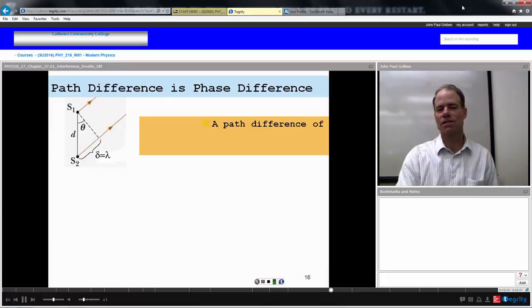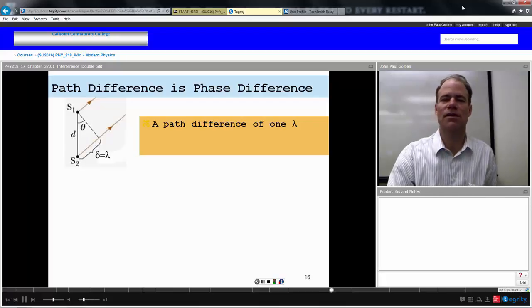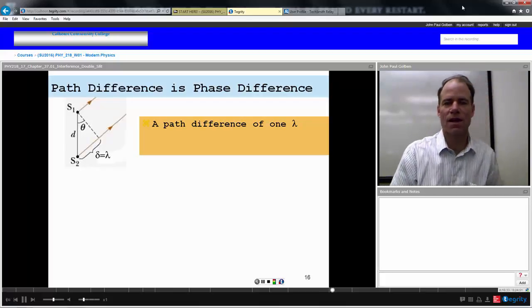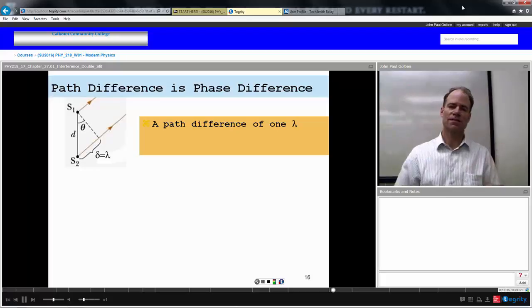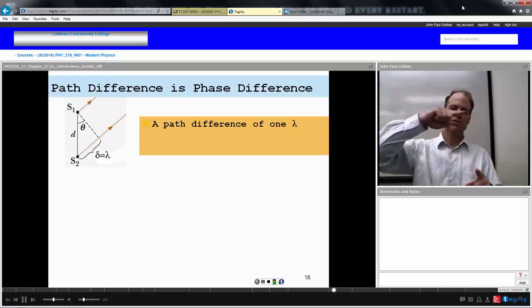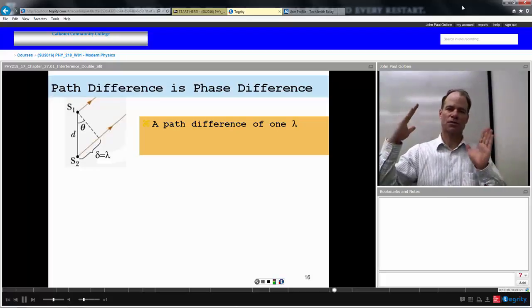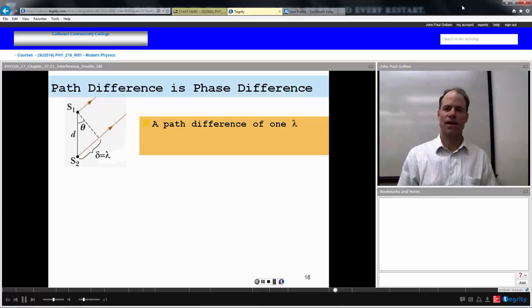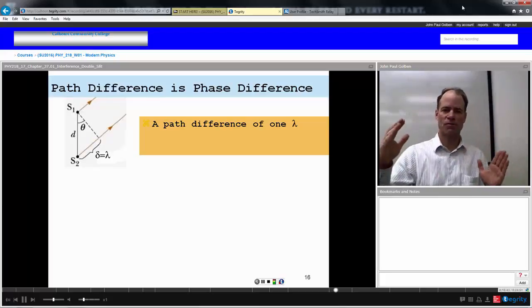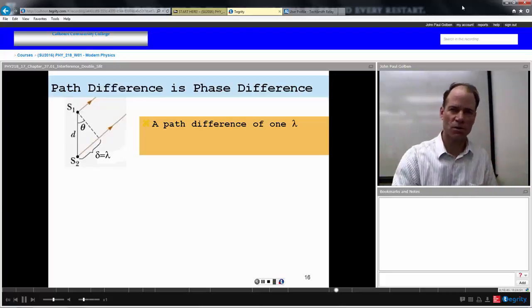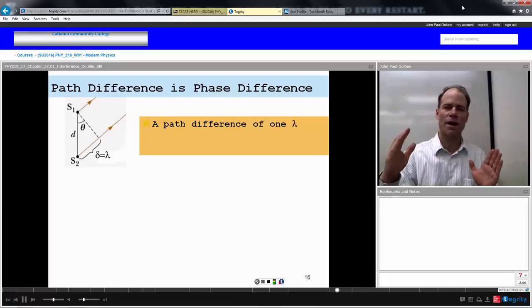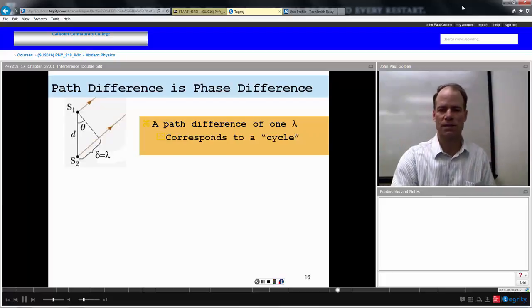We'll know that this path difference is actually really a phase difference. If we think of waves of light like a sinusoidal wave, one full cycle of a wave corresponds to a 2 pi difference in phase. So a path difference of one wavelength would also correspond to a 2 pi radian difference in phase. One full cycle.